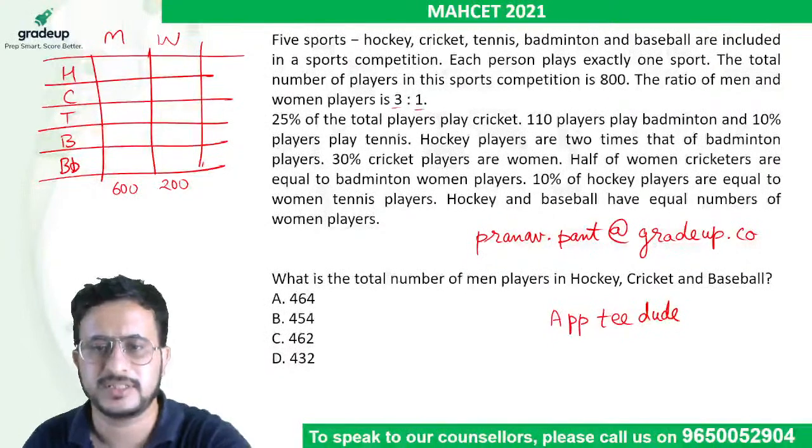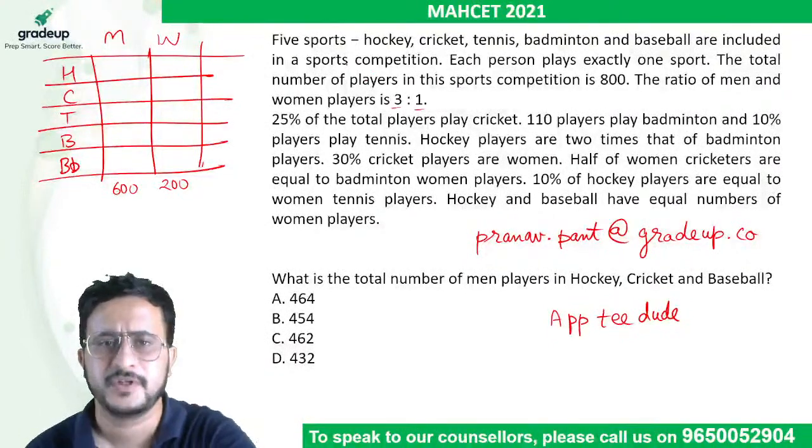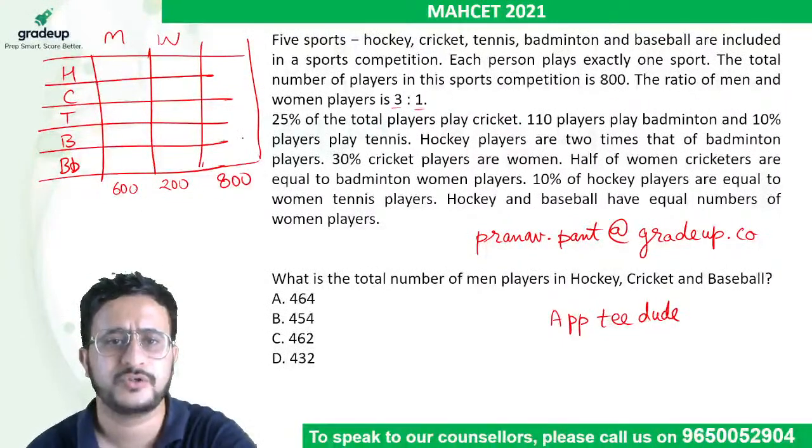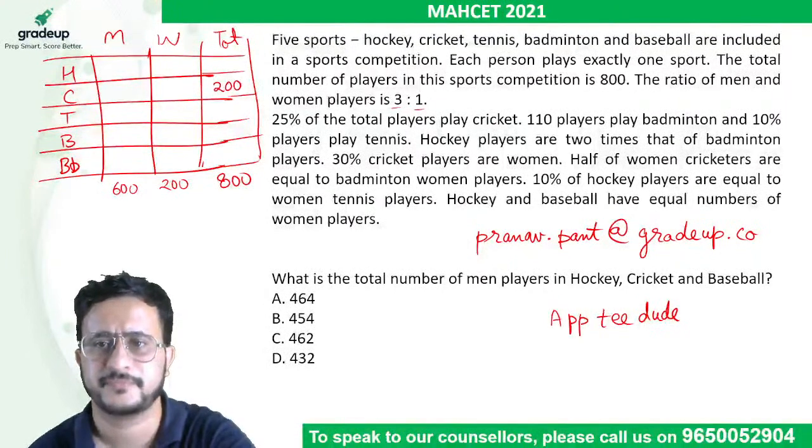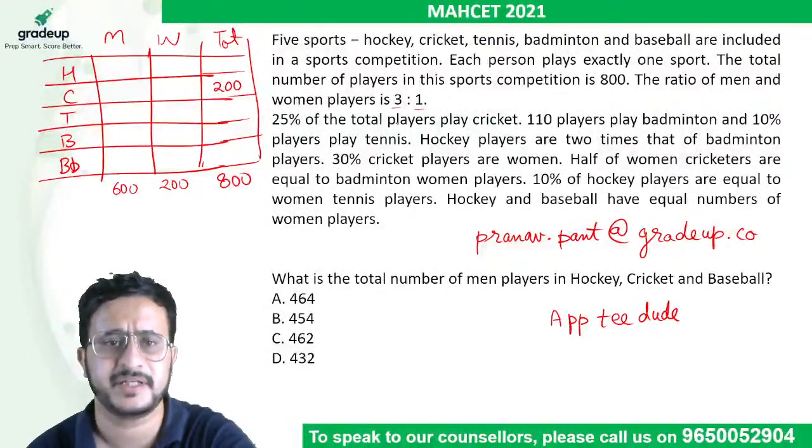All right. So this is what we have. Okay. So 25% of the total players play cricket. 25% of total means 800 the total is. So 25% means 200 players, right? So 200 players play cricket. Okay. 110 players play badminton and 10% play tennis.